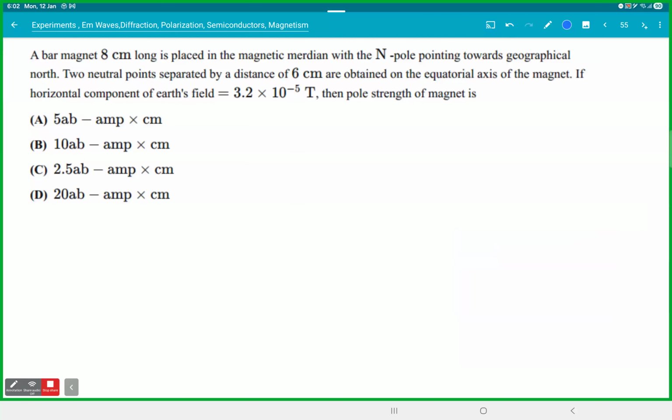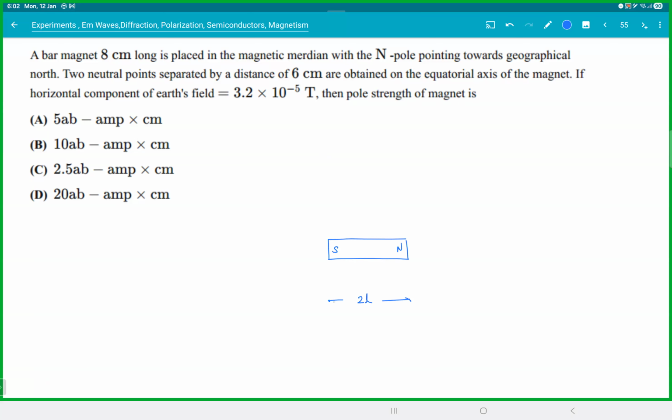Look at this thing, in case you don't remember. If you have a magnet, north, south, the length of the magnet is 2L.